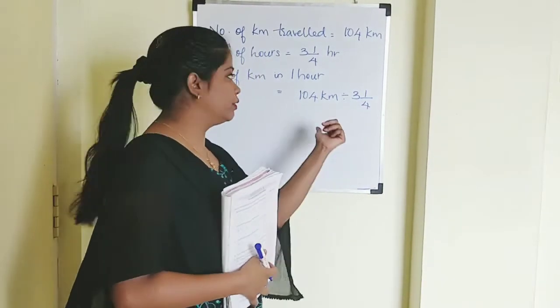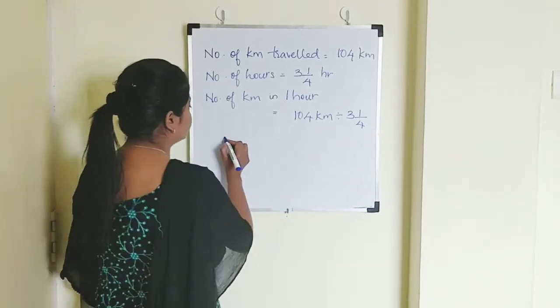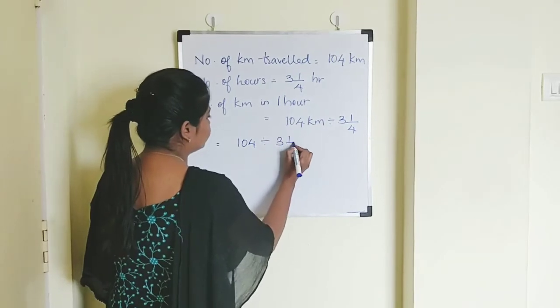Correct, children? So we have to divide 104 kilometers by 3 1/4. So that goes 104 divided by 3 1/4.